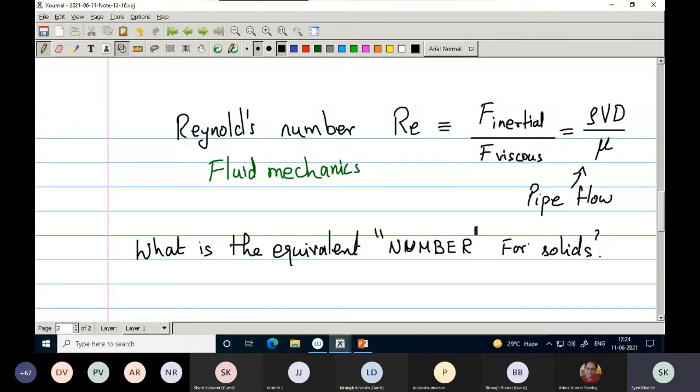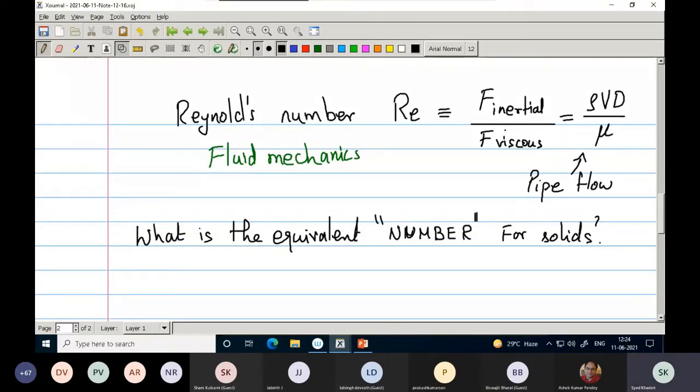Solid mechanics and fluid mechanics are both the same, because a fluid is basically a very less viscous solid, and a solid is basically a more viscous fluid. So if we have something like the Reynolds number in fluid mechanics, we should have some similar number in solid mechanics, which is a ratio of the inertial force. But we don't have viscous force in solids, so we will have to define a number.